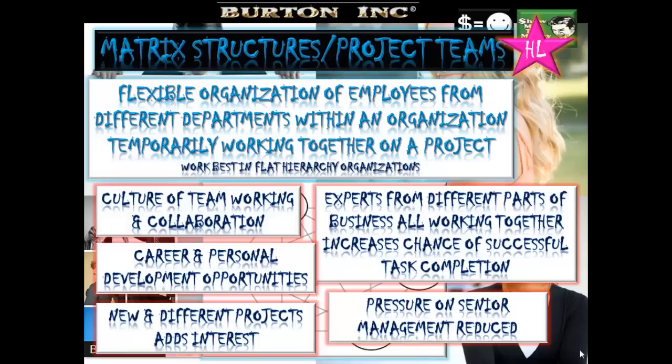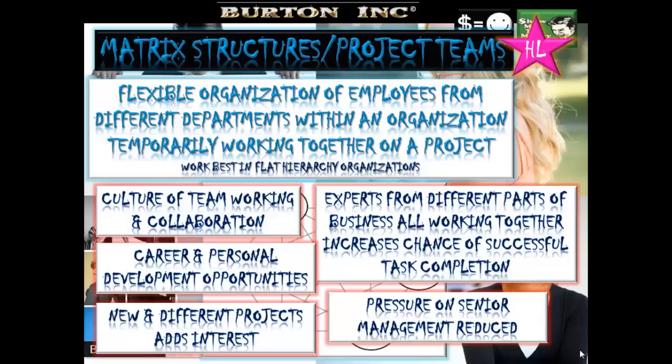Now we have experts from different parts of the business all working together. And because of this expertise that's being developed, it's going to increase the chance of successful task completion. So if you're developing a new product, it's great to have someone from marketing there.